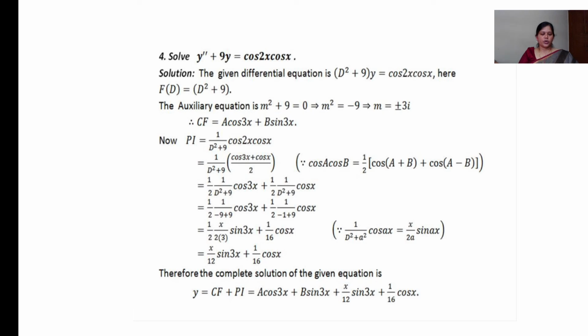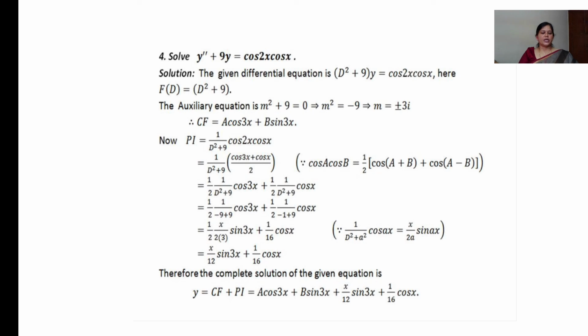If we take the first term, what is our a value? The a value is 3, since cos 3x is there. So we replace D² by −a², which is −9. Substituting D² = −9 in the denominator of the first term, we get 1/2 into 1/(−9 + 9) cos 3x. Here the denominator value is 0.